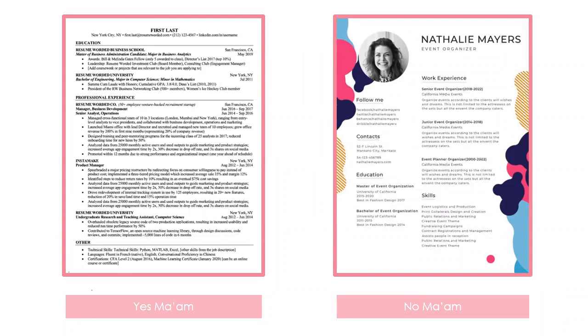So this resume here, they have their name and then their contact information below. It's not in the header, but it's at the top. Then we have their education: Master of Business Administration, here are their awards, then Bachelor's of Engineering, then their professional work experience.